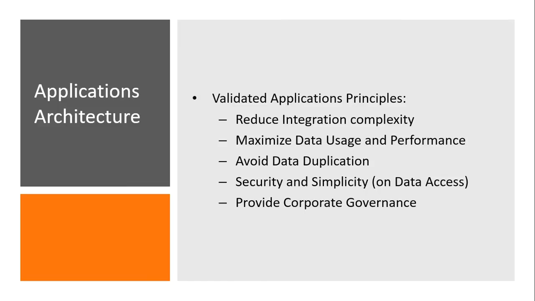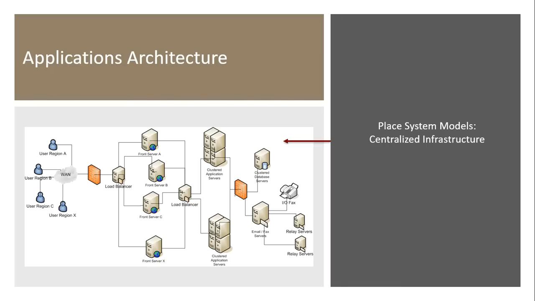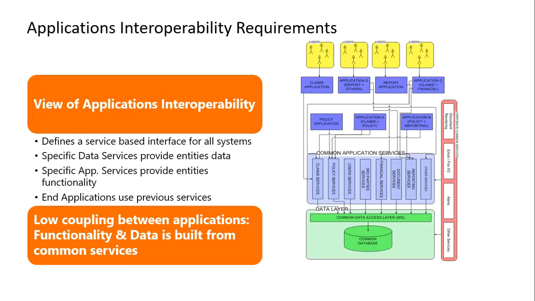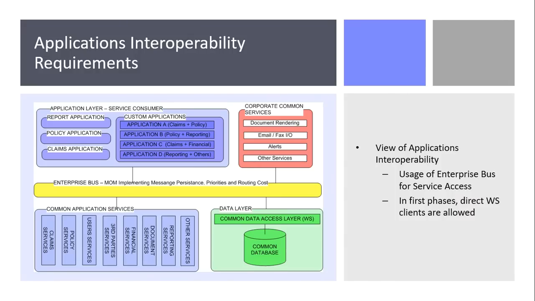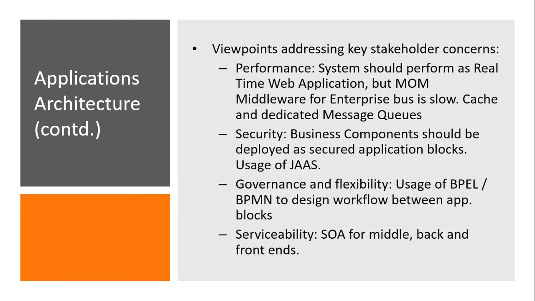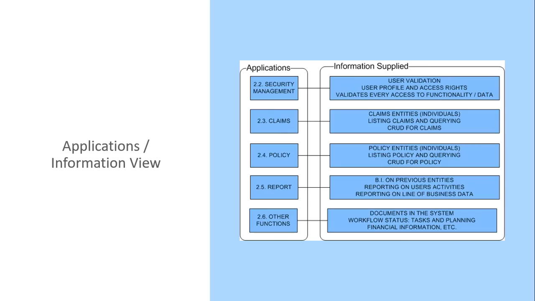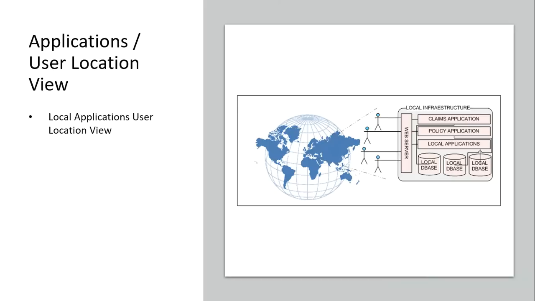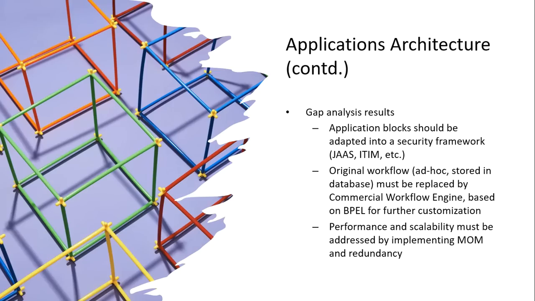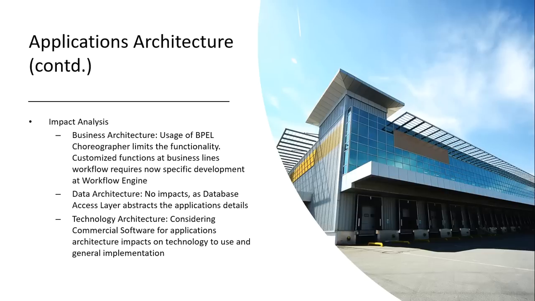And then we will also be looking into the application architecture for validating the principles, the application architecture in the context of the centralized infrastructure, and later from the application interoperability viewpoint, I will be showing you the interoperability requirements, then the application architecture viewpoint addressing the key stakeholder concerns, the common application service view, the application information view, the application user location view, followed by the applications architecture.